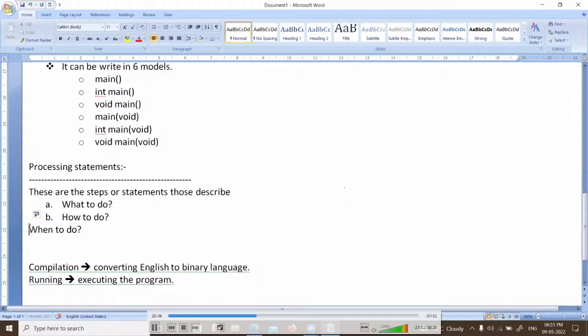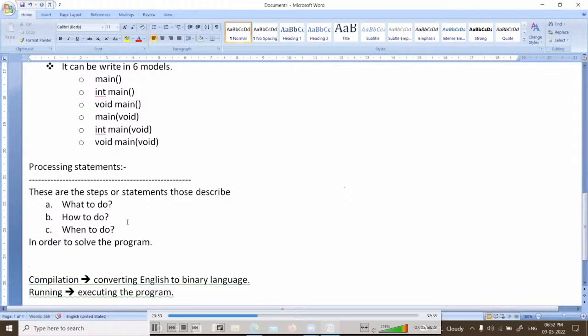To give a solution to a problem. So the steps we write in a program to explain what to do, how to do, and when to do to solve a problem are nothing but processing statements. These are the common points in any C programming language.